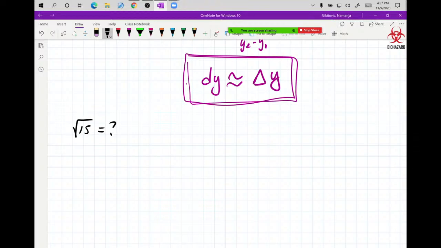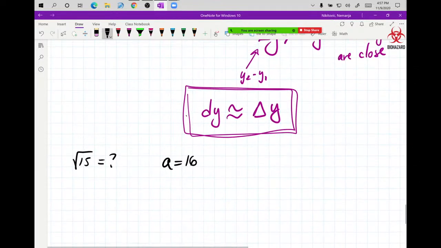Now you might say, but hold on, professor, you said that this is not approximating values of the numbers. This is approximating the change. And I'm going to say yes, very good, you're paying attention. I can use it to indirectly compute this because I'm going to pick my a to be 16.